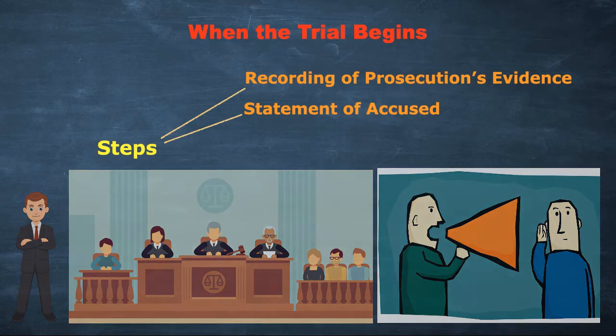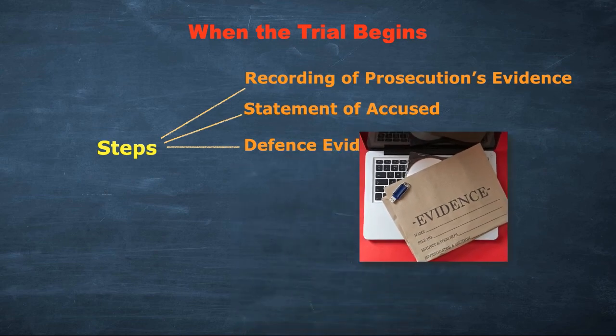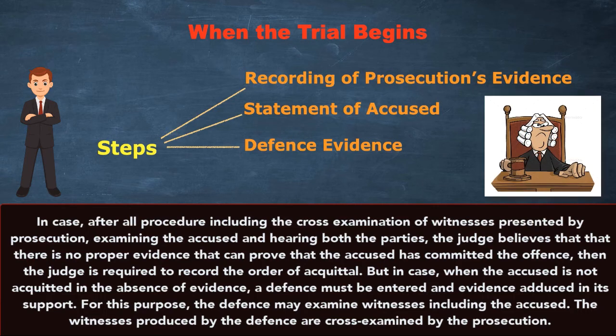The next step is defense evidence. What does it mean? After all the procedure, including the cross-examination of witnesses presented by the prosecution, examining the accused and hearing both the parties, if the judge believes that there is no proper evidence that can prove that the accused has committed the offense, then the judge is required to record the order of acquittal.